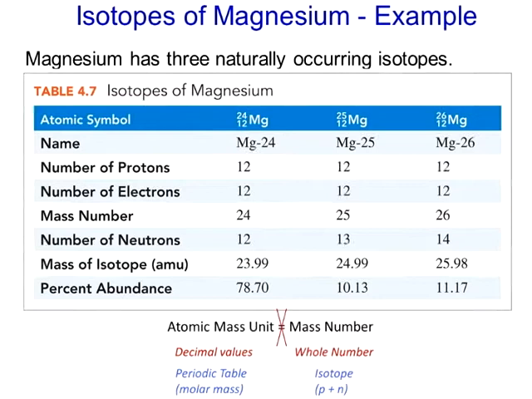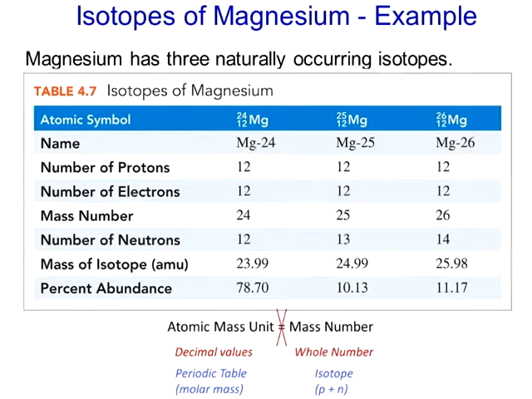Protons never change. Neutrons can change and electrons can change. Therefore, the standard for calculating mass number involves protons plus neutrons. Therefore, to find the number of neutrons, we must use protons in our math. Okay? And that would be the expectation.